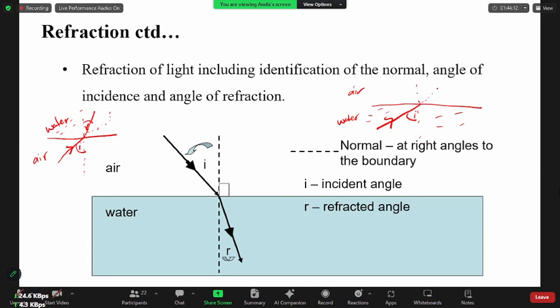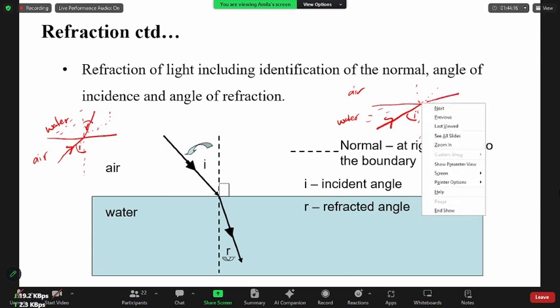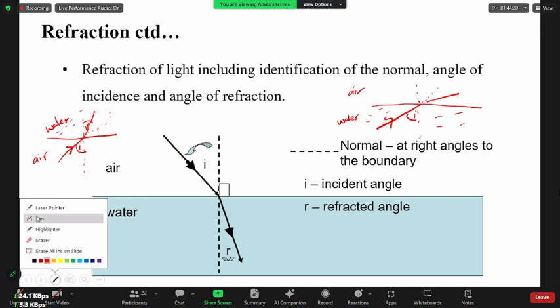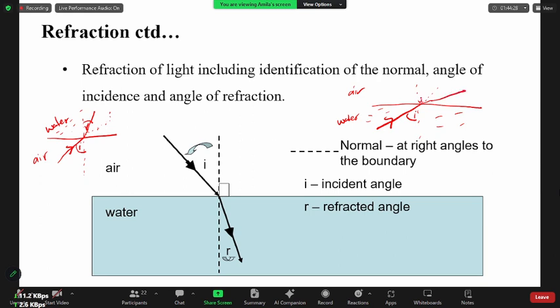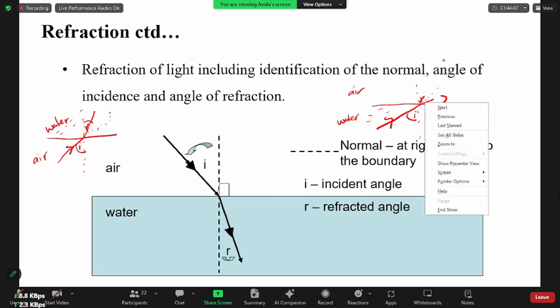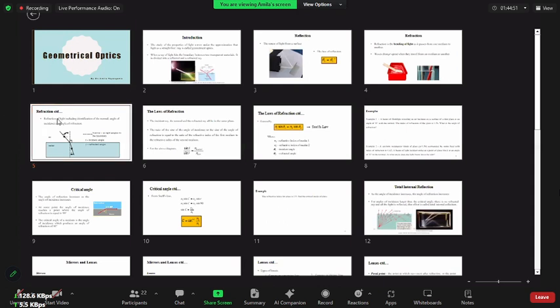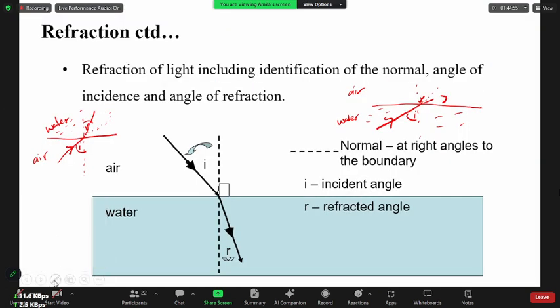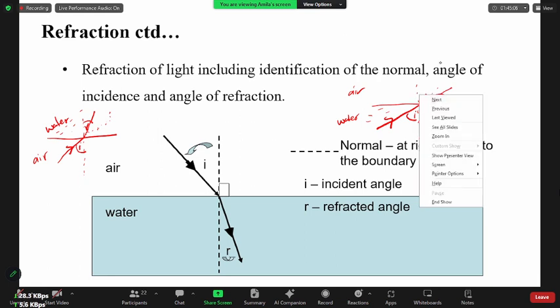So it will make a larger angle than this, somewhere like this. This is the r.